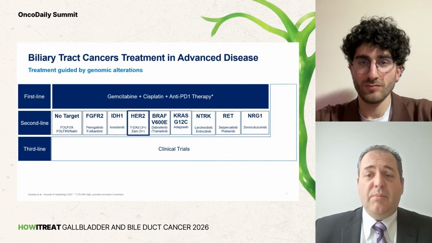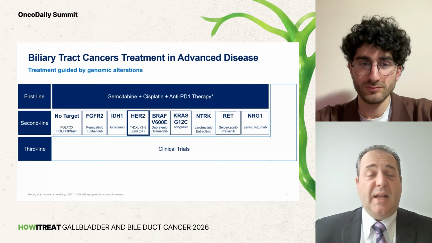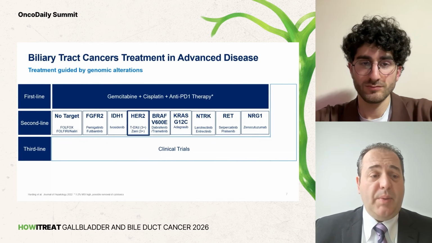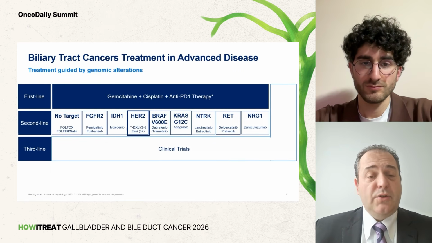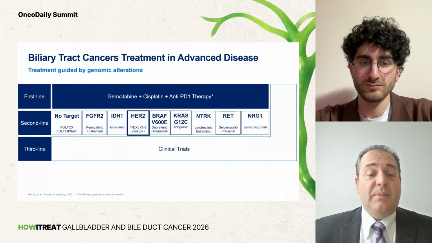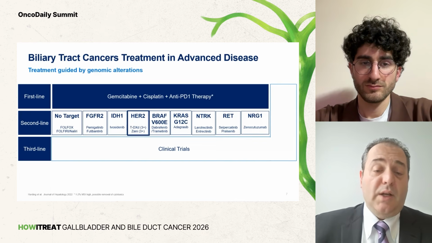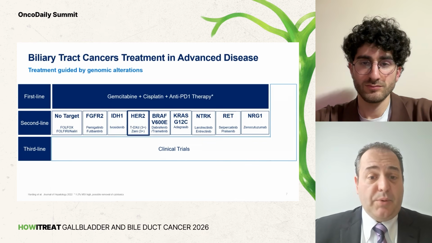In current standard, the way we treat advanced biliary tract cancers is generally with gemcitabine, cisplatin, and an anti-PD-1 or PD-L1 therapy. In the second line, if there's no target, we'll use cytotoxic chemotherapies. And for those with mutational targets, we will try to match with a specific precision medicine.